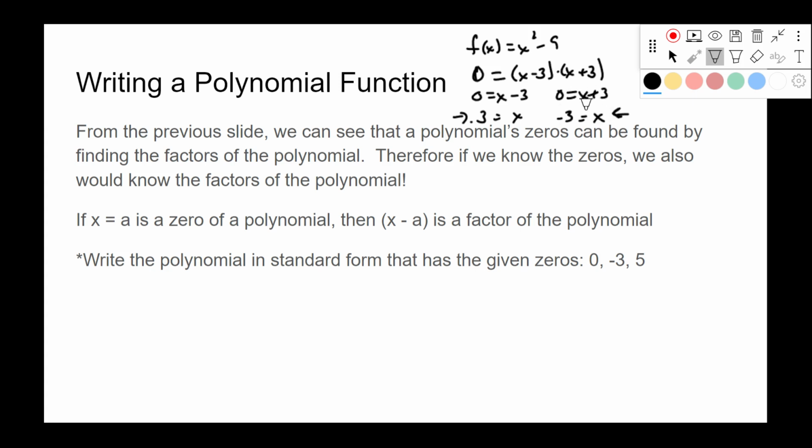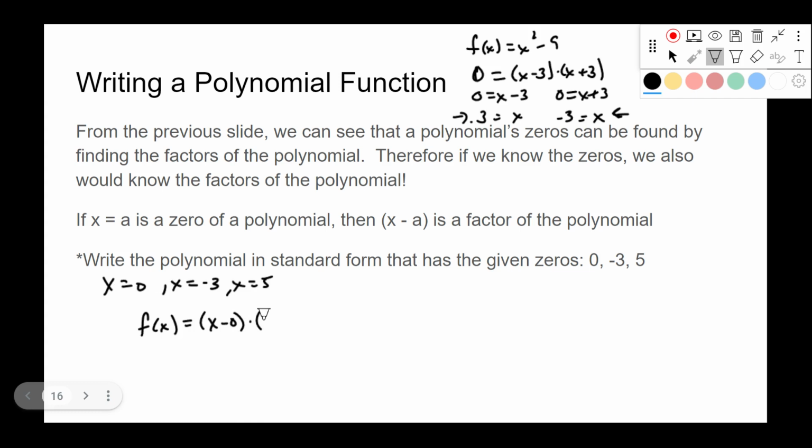But if you can take the zeros and make them factors, then you can actually write a polynomial. For example, if I want you to write a polynomial in standard form that has these 3 zeros, x equals 0, x equals negative 3, and x equals 5, then we know that this polynomial f of x must look like this. x minus 0, or x.